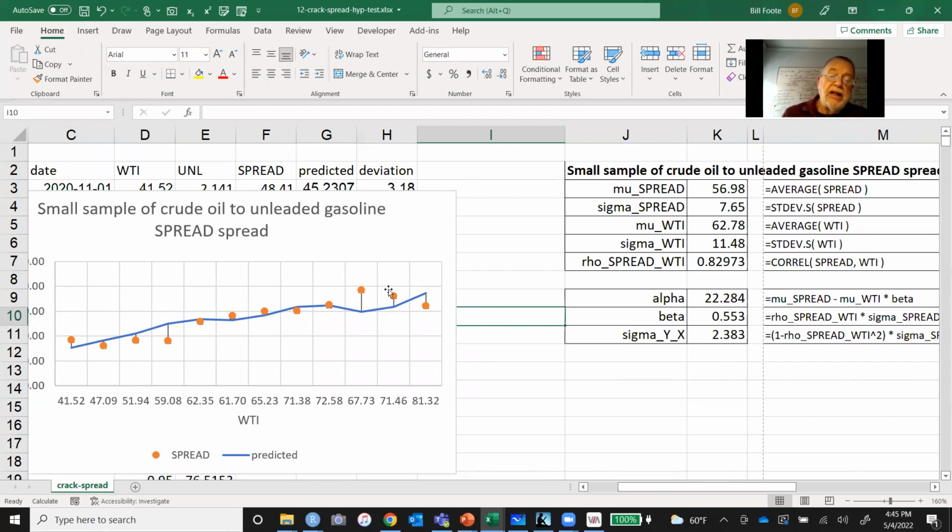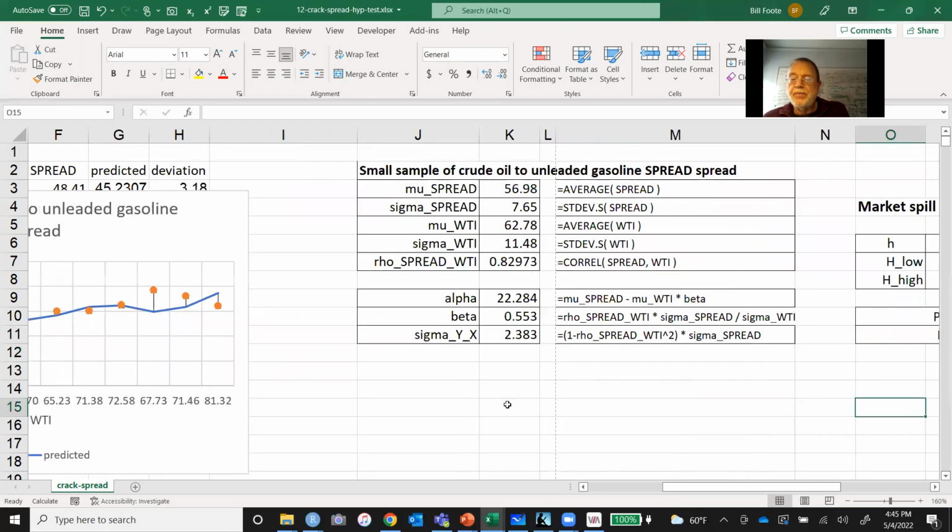The distance between the actual data, which are these nice orange globes, and the blue regression line, the reason why it's not a straight line is the WTI is not exactly straight. So that's the reason for that. We get that, and notice how close it is. So that's the high correlation between the two.